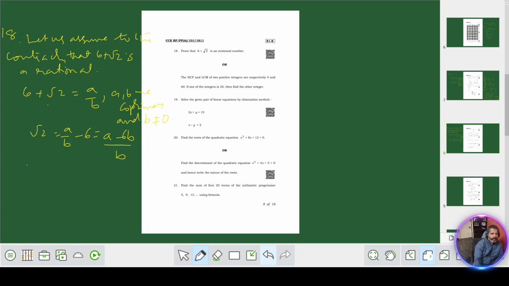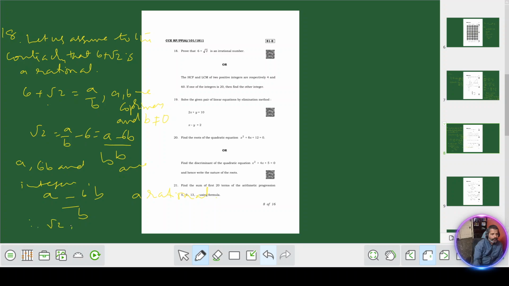Since a, 6b and b are integers, we get (a minus 6b) by b, a rational.